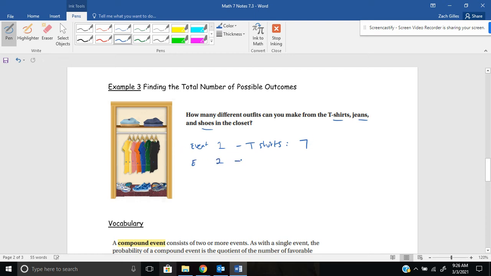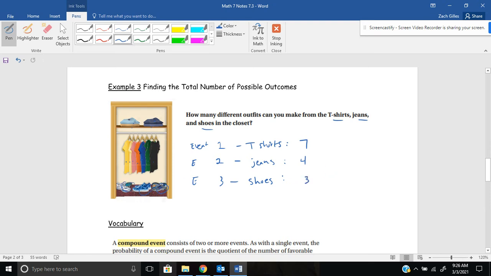Event 2, I have jeans. How many different jeans do I have to choose from? Looks like 1, 2, 3, 4 different pairs of jeans. And lastly, event number 3, I also have shoes. How many different combinations of shoes? Well, I can wear this pair, 1, 2, or this pair, 3.